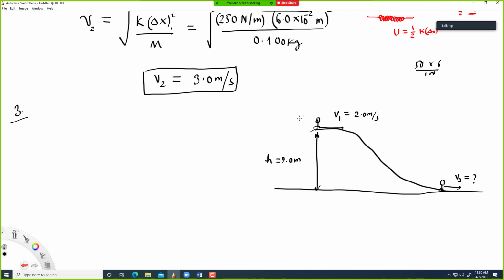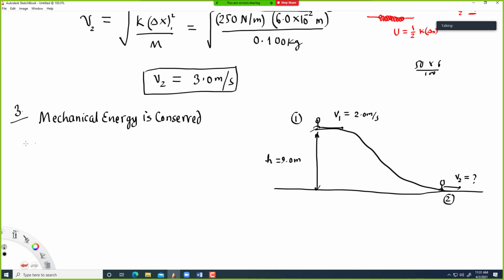So let's say this is point 1, that's point 2, and here mechanical energy is conserved. So we want to write the mechanical energy at this point and the mechanical energy at that point.